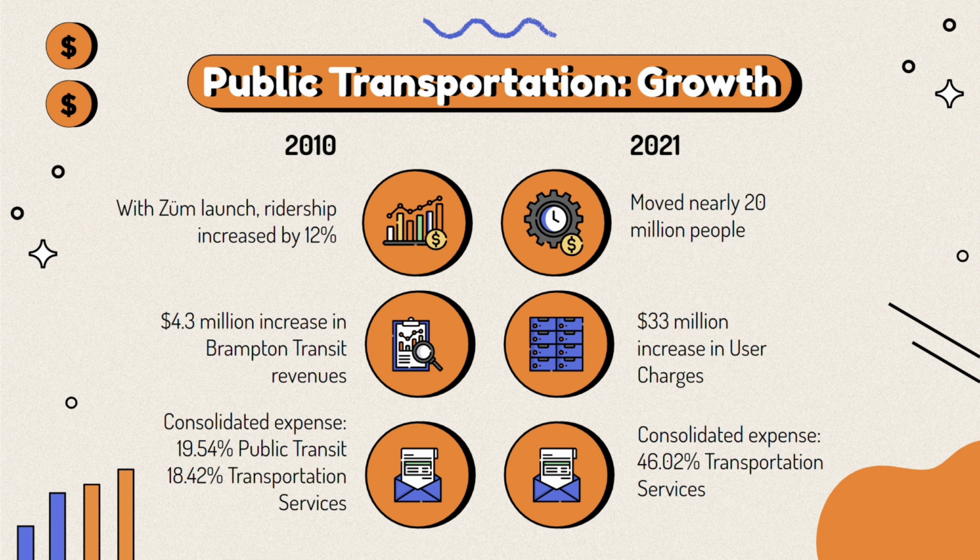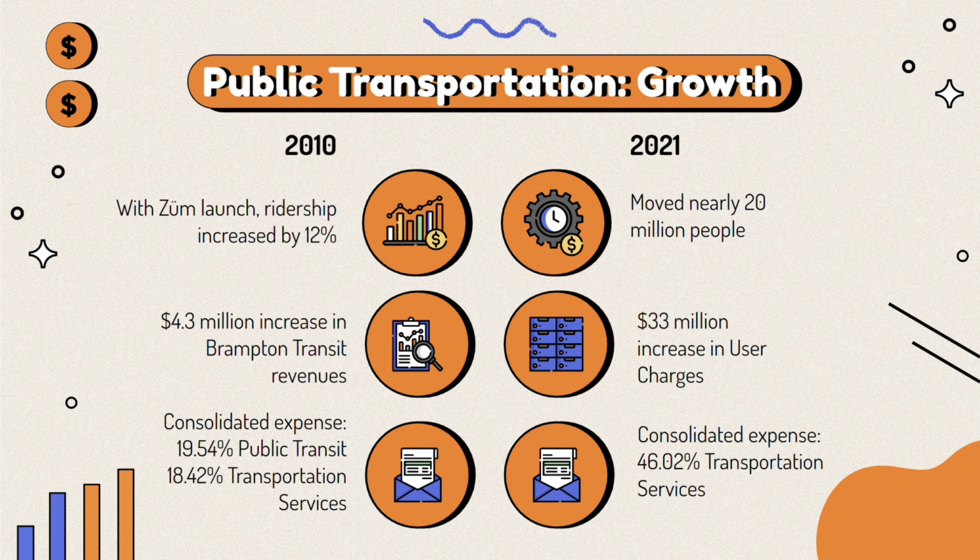Since the launch of Zoom, the overall ridership increased by more than 12%, growing 4 times the national average. In total, 13.8 million riders used Brampton Transit in 2010, which is an increase of more than 1.5 million riders from the previous year. Furthermore, there was a $43 million increase in Brampton Transit revenues.